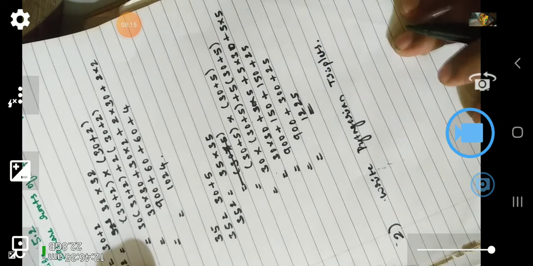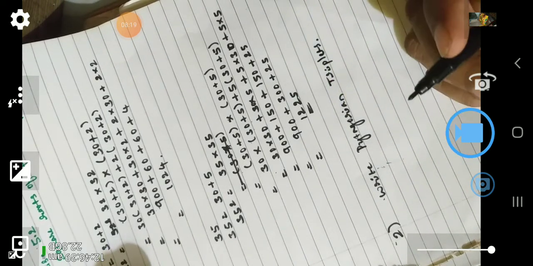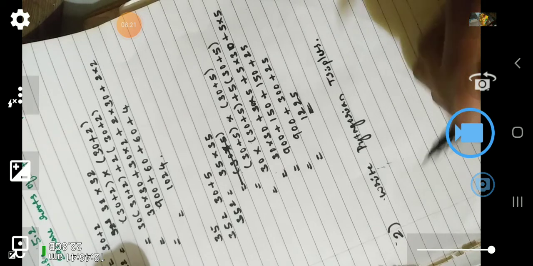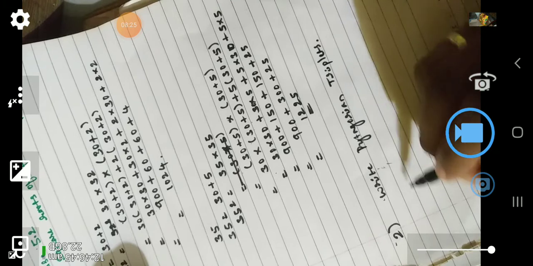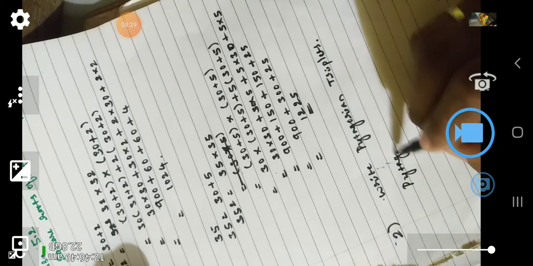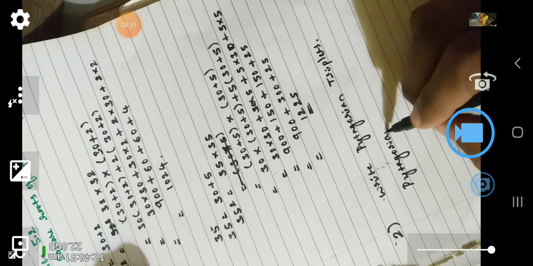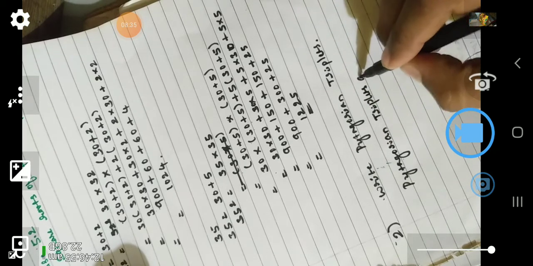Before writing the number, first we try to understand what Pythagorean triplets are.